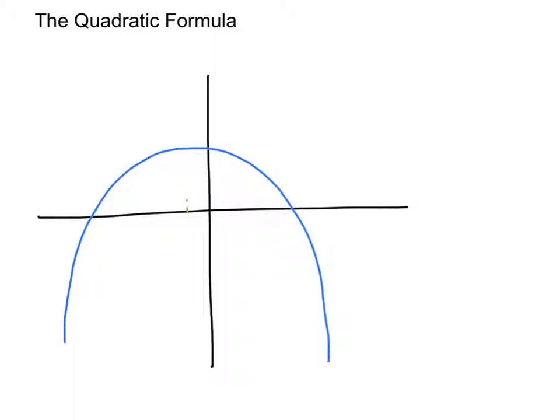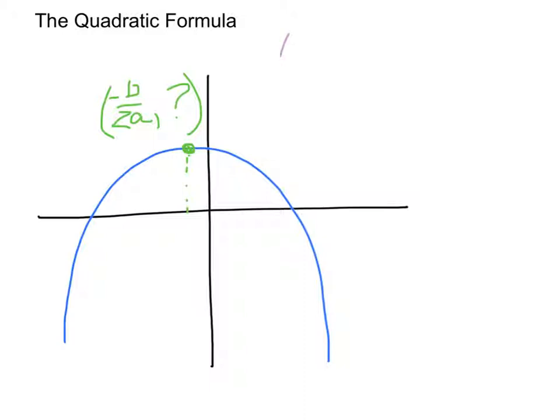So let's go ahead and write out the quadratic formula and see where it comes from visually. For any quadratic equation that I have, the x-coordinate of the vertex is going to be negative b over 2a, no matter what that y value is. We're going to be seeing a lot of a's, b's, and c's, so we must recall where these actually are in the quadratic formula.